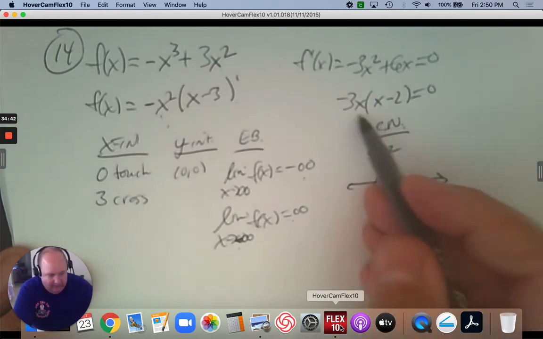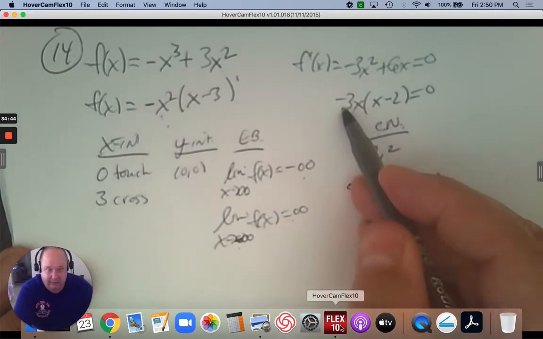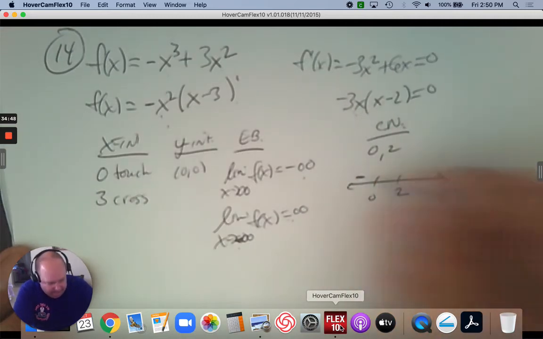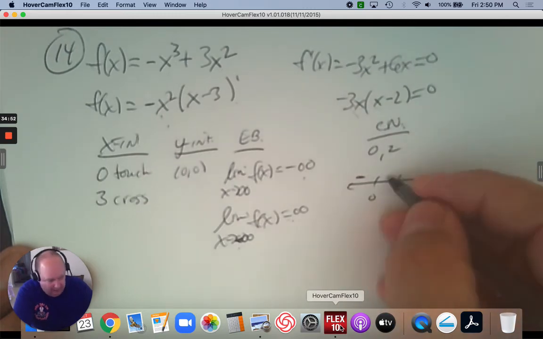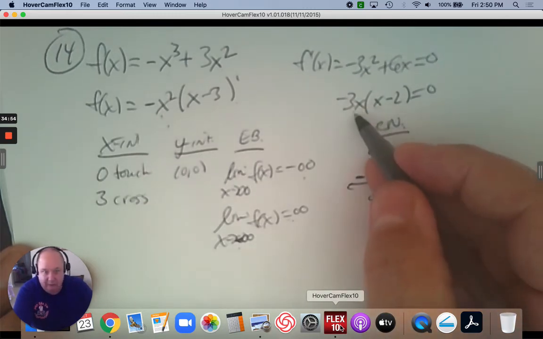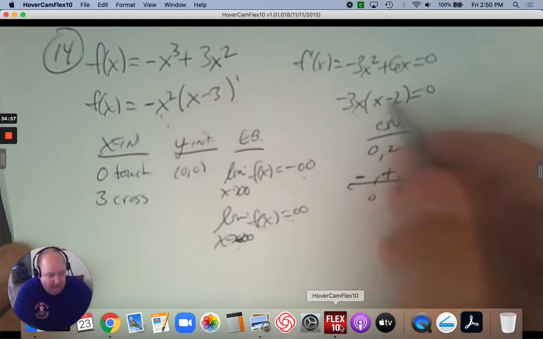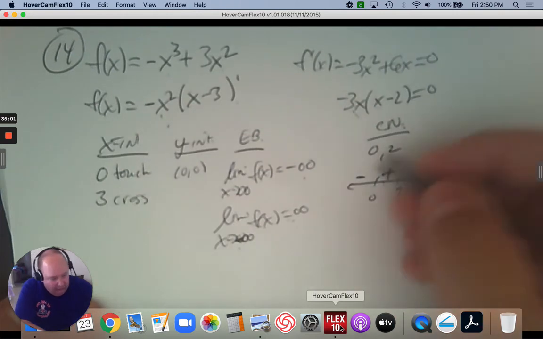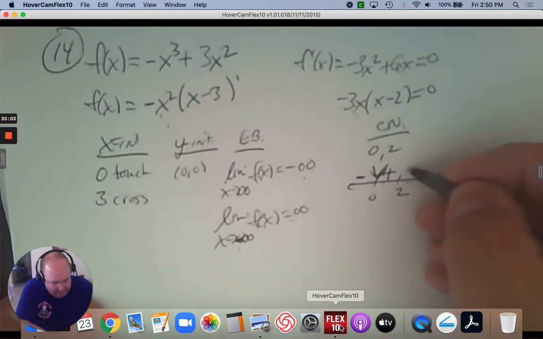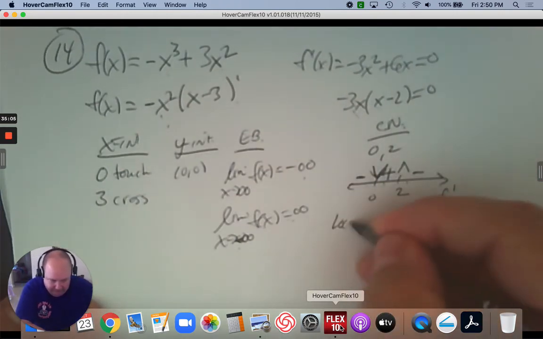So plug in a negative number, and a negative times a negative is positive times a negative. Plug in positive 1, and you get a negative times a negative. Plug in 100 million, and you get a negative times a positive. So there it's decreasing, increasing, decreasing. So at 0, we have a minimum, and at 2, we have a maximum.